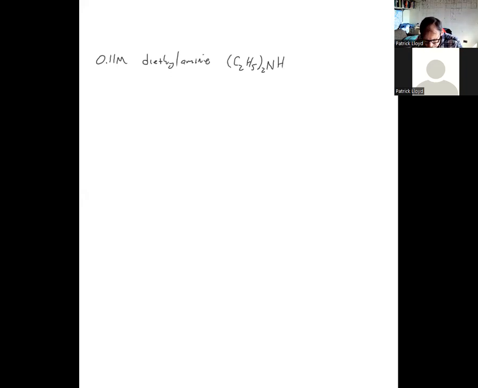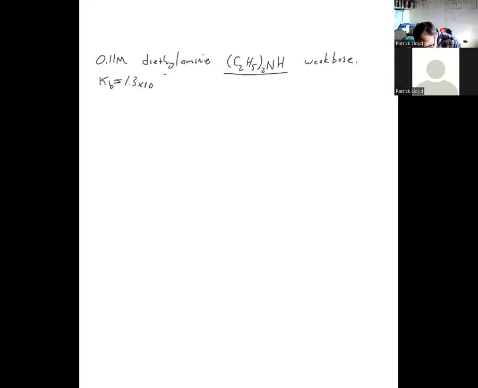I know they put 2 pairs of parentheses in there. The outside parentheses was just to tell you that our diethylamine is this formula. The only parentheses that are important in terms of the formula are these ones that I've drawn right there. They tell you it's a weak base, so we know that's a base. Then they give us the value Kb, right? A weak base should have a value of Kb, which is 1.3 times 10 to the minus 3.